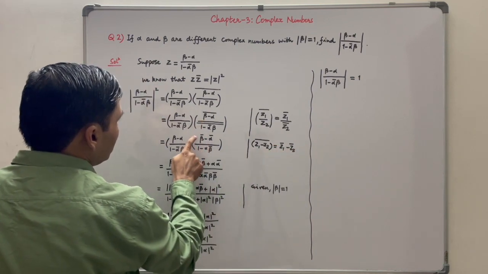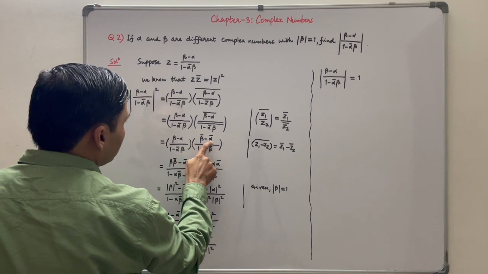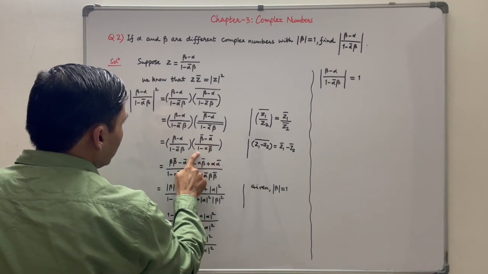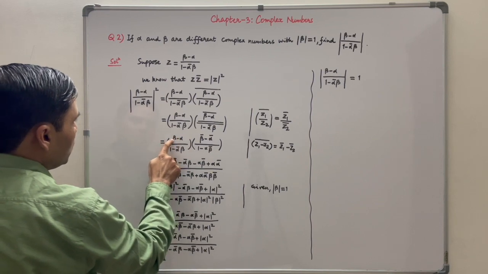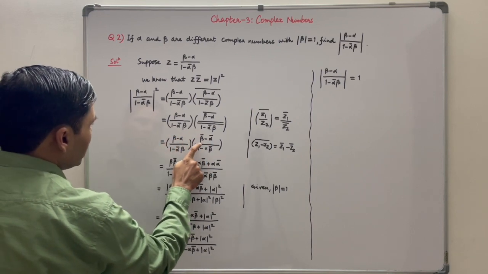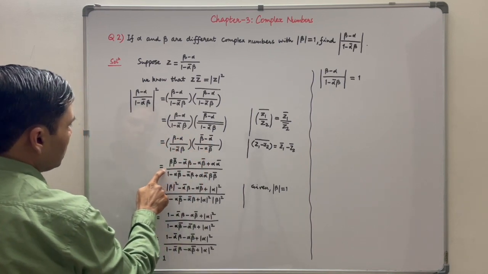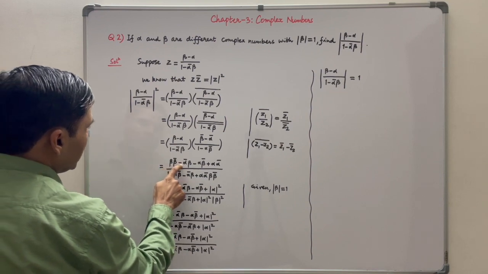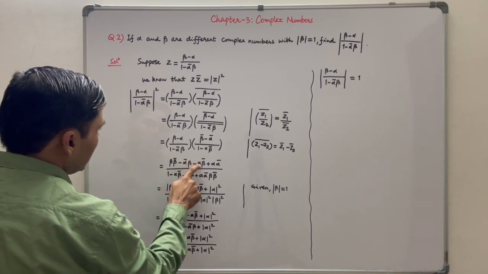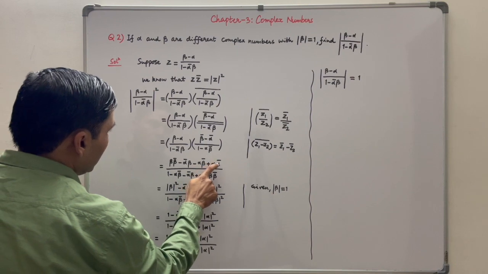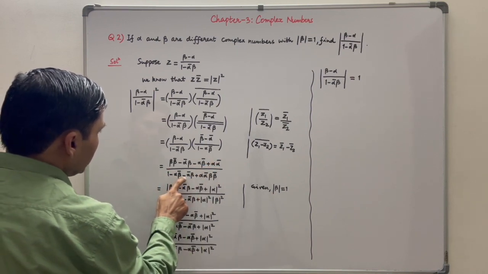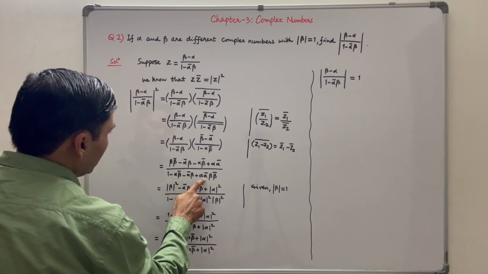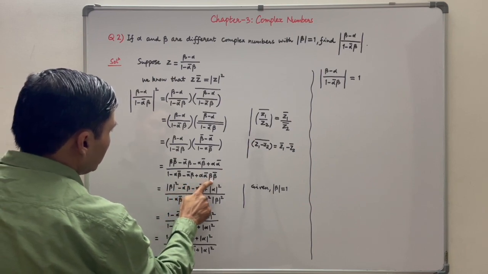So this can be simplified as (beta bar minus alpha bar) upon (1 minus alpha beta bar). Now we will multiply numerator with numerator and denominator with denominator. So it will come out to be beta beta bar minus alpha bar beta minus alpha beta bar plus alpha alpha bar upon 1 minus alpha beta bar minus alpha bar beta plus alpha alpha bar into beta beta bar.